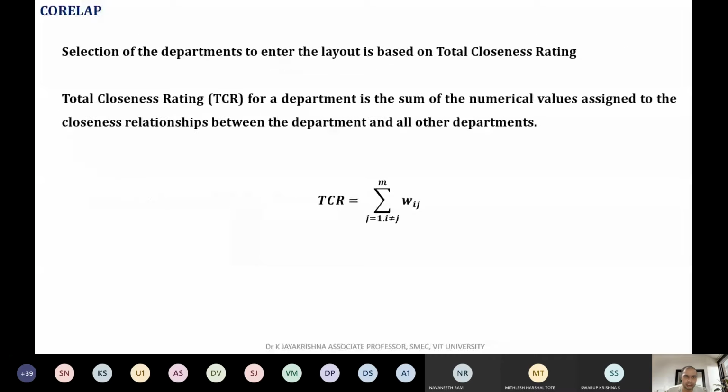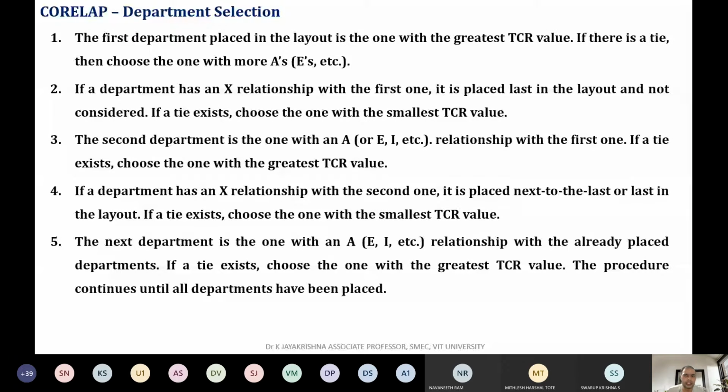Let's forget about all these things, because when doing the problem you will understand better. You should understand one concept. Don't just read the slides, just listen to me, and you will understand better. When selecting the departments, last time we randomly selected, without any logic, the department number.